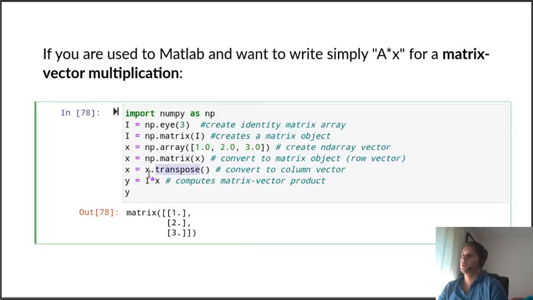And then you can do your usual operations. By default, when you use the matrix function on a vector, it will be a row vector, so that's why we need to do the transpose. And when you multiply, as before, the identity matrix with the vector, it will give you a matrix with the corresponding numbers 1, 2, and 3.